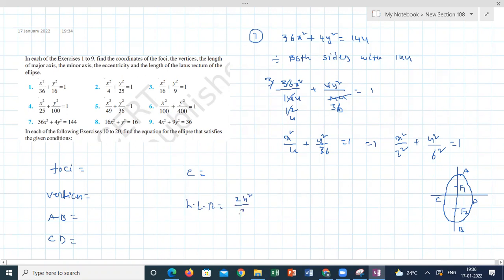Again, I am writing 2b square by a, because last 2 sessions we did it wrong. What are the answers? I'm expecting answers from you people.